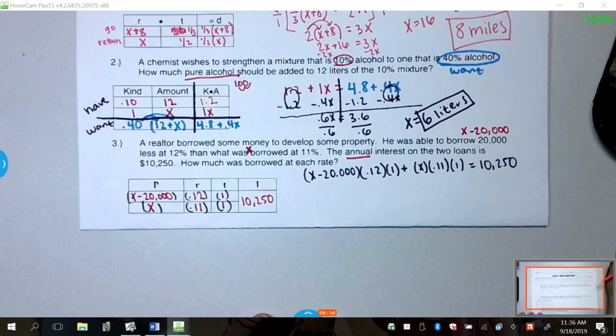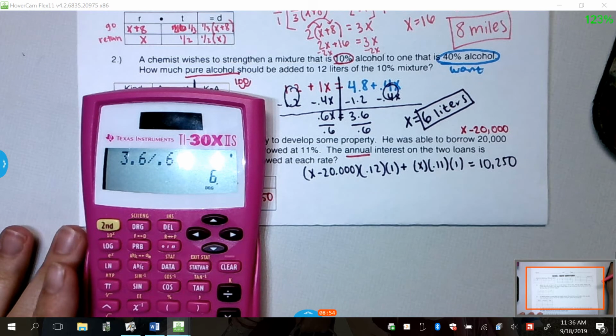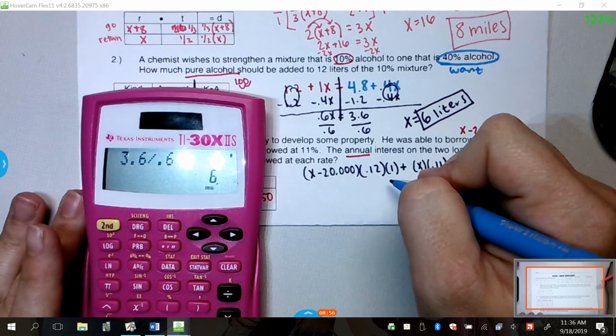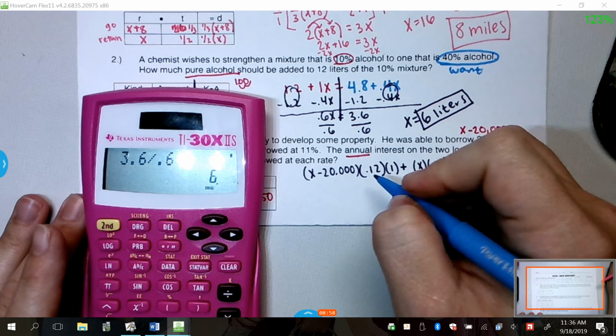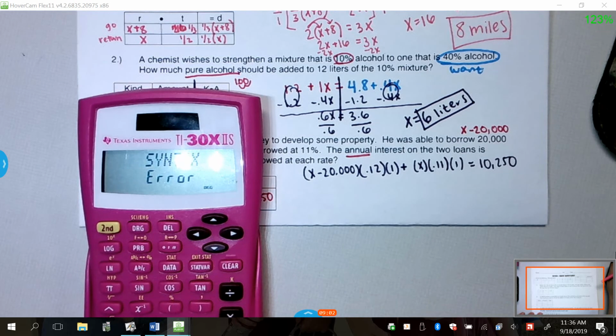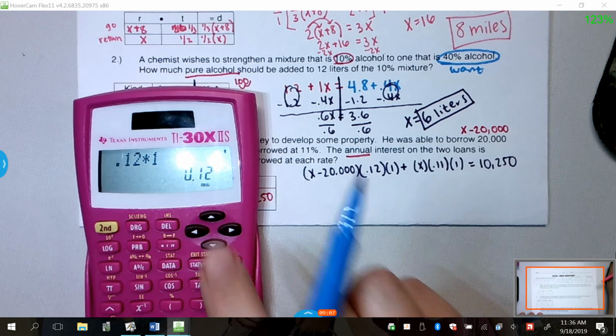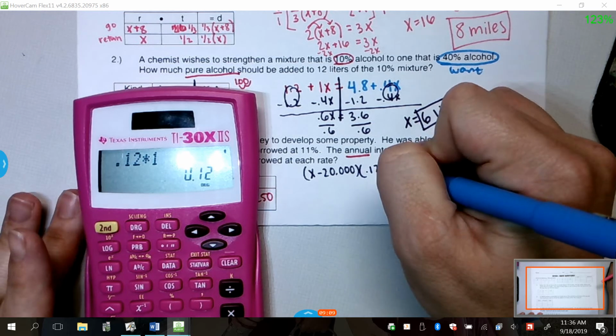Now let's simplify each term. If I'm going to distribute here, anything times 1 is itself, so 0.12 times 1 is just 0.12, nothing changed, so we can kind of ignore this one.